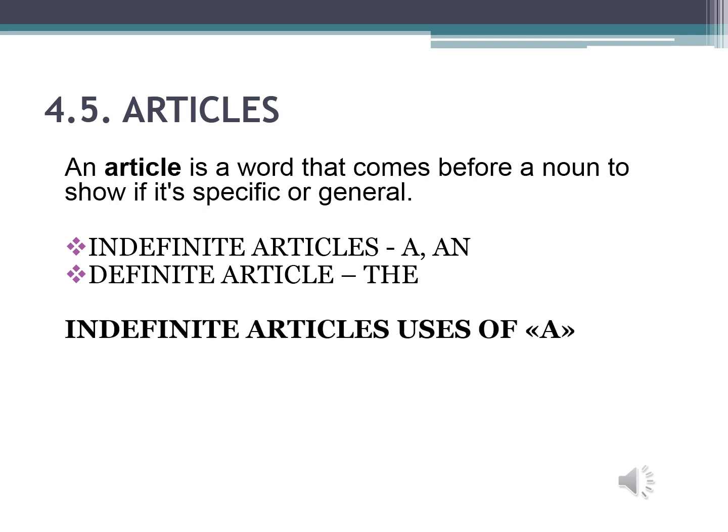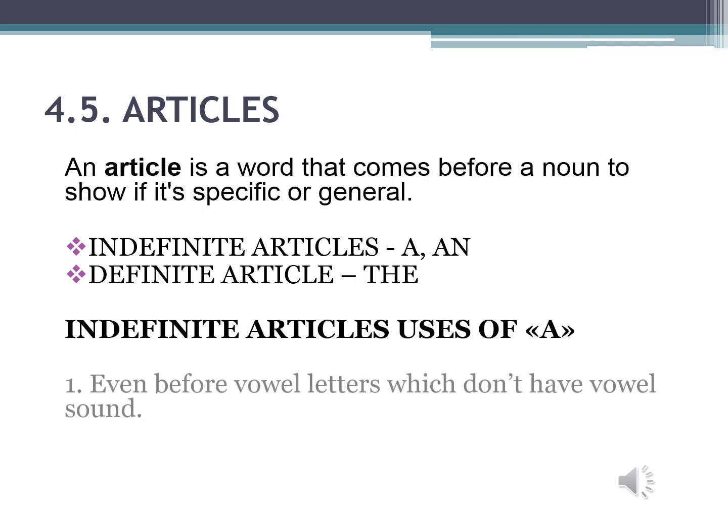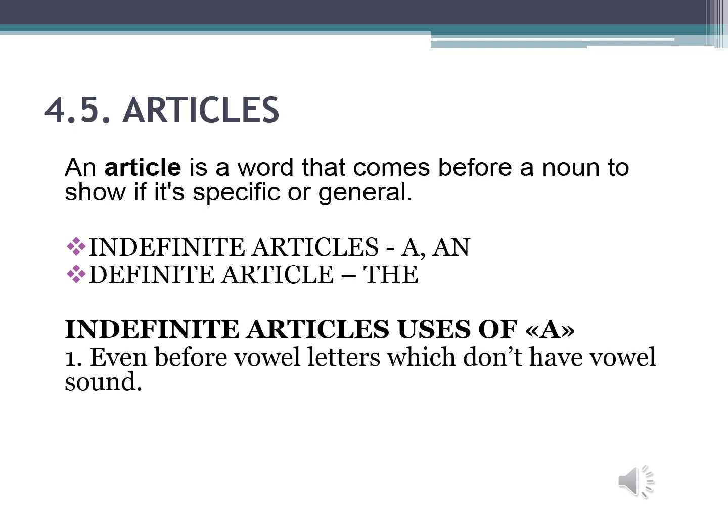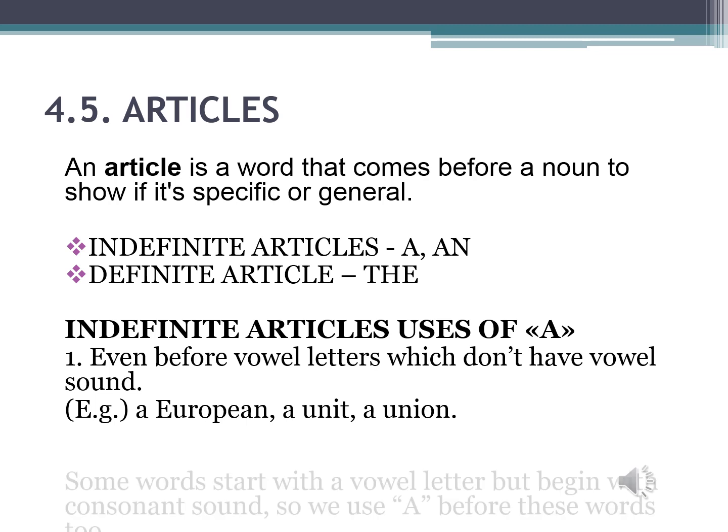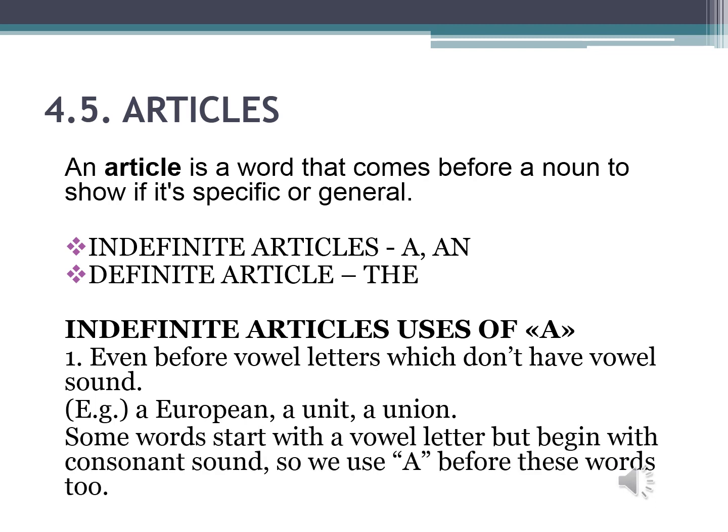Indefinite articles, uses of a. We can use the article a before vowel letters which don't have a vowel sound. For example, a European, a unit, a union. Some words start with a vowel letter but begin with a consonant sound. So we use the article a before these words.